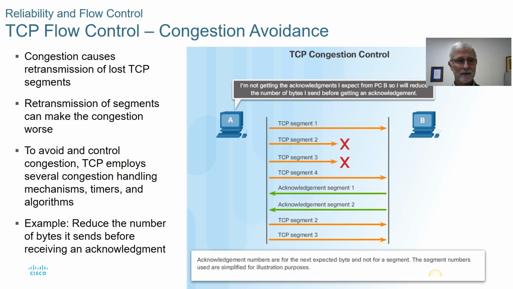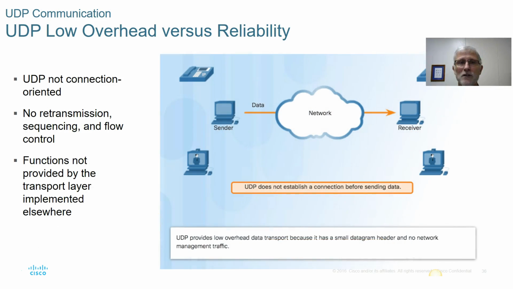To avoid and control that congestion, there are several things that TCP does. It's got some timers and a few algorithms that are pretty complicated, but just know that there are tools that TCP uses. It may reduce the number of bytes that are being sent. It may change how often you're going to give a reply.